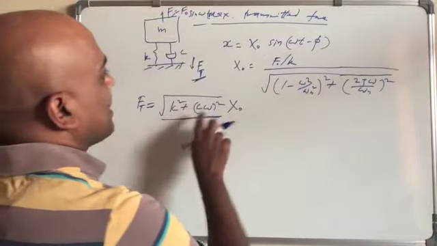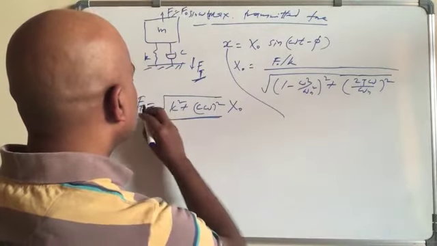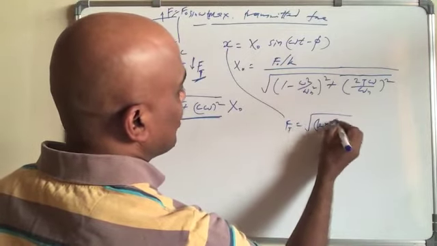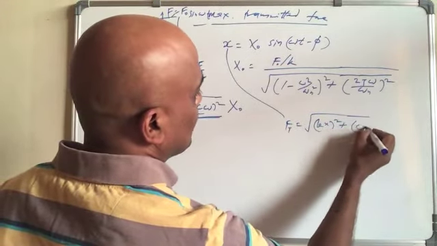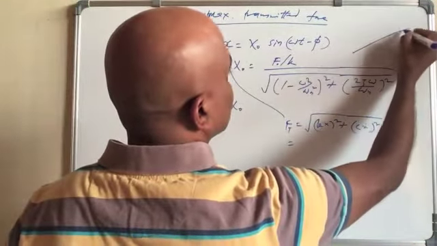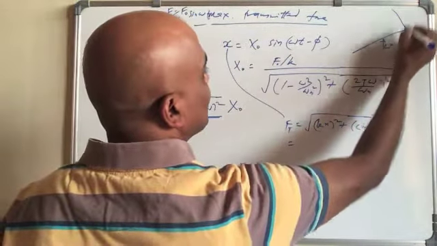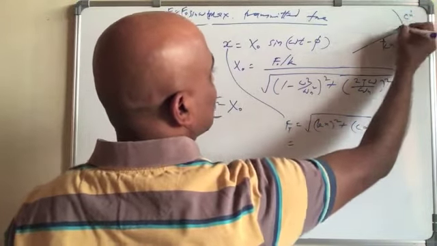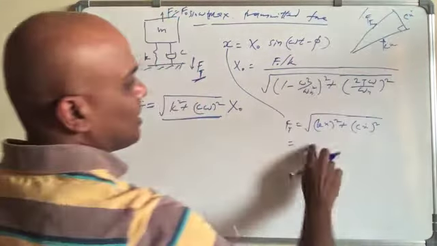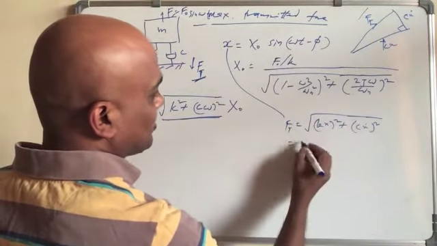If you ask why it is like this, it is because ft is equal to root of kx square plus c x dot square. If you remember, we had a diagram with kx this way and c x dot perpendicular to that. So from that, this will be the ft. All these we have done in the lectures.